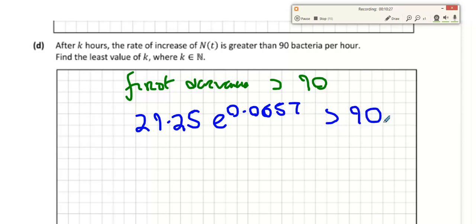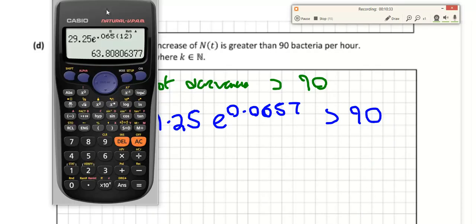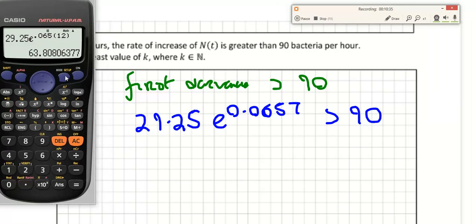All right, I have an idea for you for a rough guideline. Look at this. I'm going to go into my table function. You ready? And I can get myself a rough guideline for this. 29.25 shift e 0.065x, yeah? And I'm going to start at 0 and at 20, step of 1.